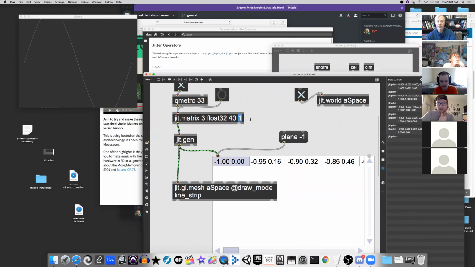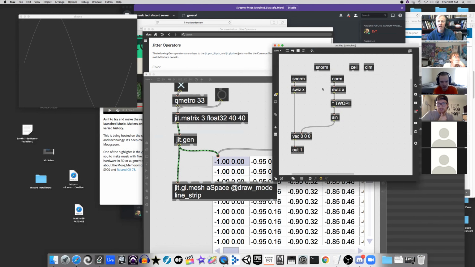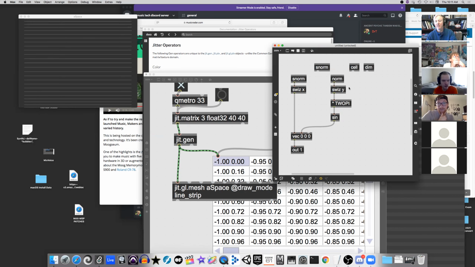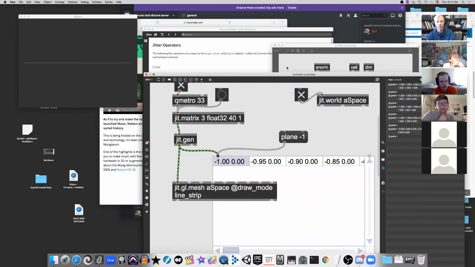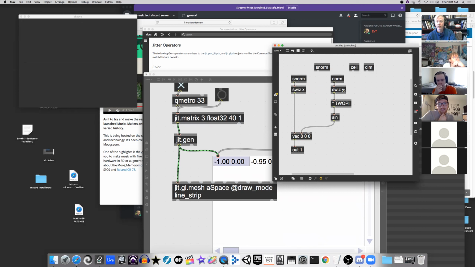Or I could be more inefficient and get a 40 by 40 matrix here, and now I will swizzle out the y here, because it just makes more sense to me. And that happened. A lot of lines. So, oh, right, because now we're doing something really strange. So I shouldn't have changed that, because I was trying to draw really a two-dimensional line, or line on one dimension, really.